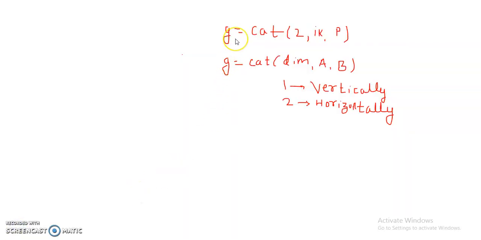In MATLAB we have seen the command concatenate. We have written cat of 2 comma Ik comma P. This is the identity matrix and this is the parity matrix. So here CAT is the concatenate command. Its general format is DIM, that is dimension, comma matrix A comma matrix B. This dimension can be 1, 2, or 3. Writing 1 here means you are concatenating the matrices A and B vertically.